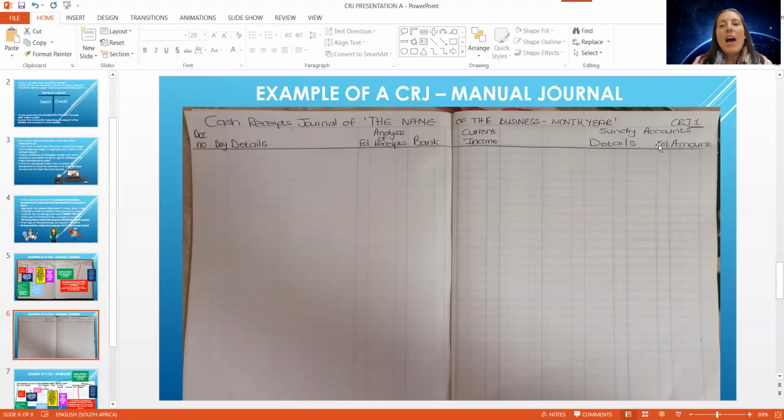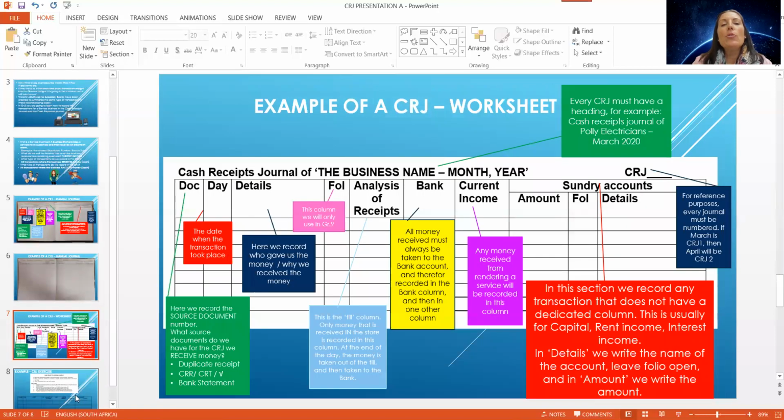So this is how you will manage the columns in your book. You must go and have a look at what your journal book looks like, and then just use it accordingly. Other schools make use of worksheets or workbooks, and these might obviously be printed as well.